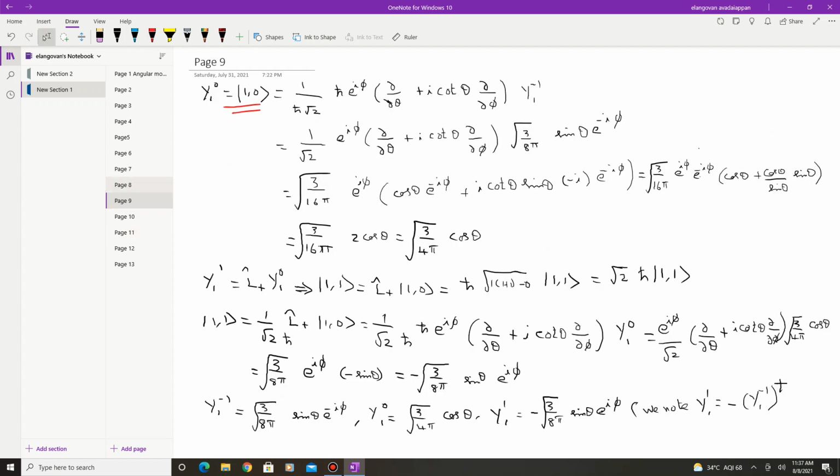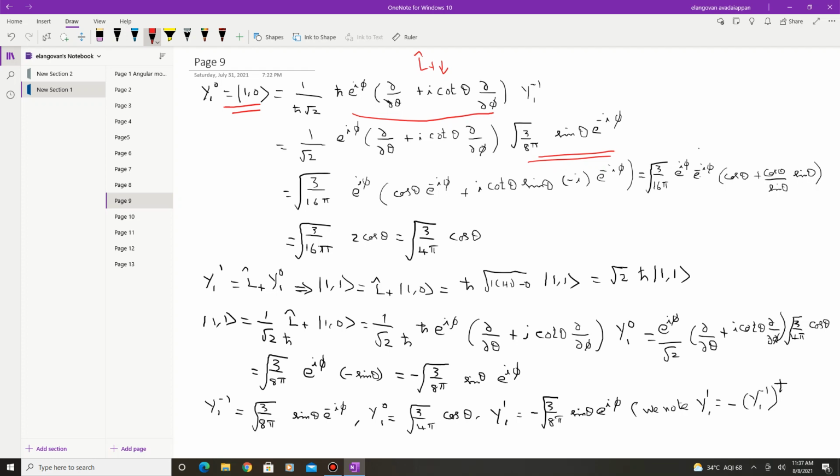So you substitute the value for L plus. Then Y1 minus 1, which we have already calculated. Now you operate this operator on this function, you will get this result.